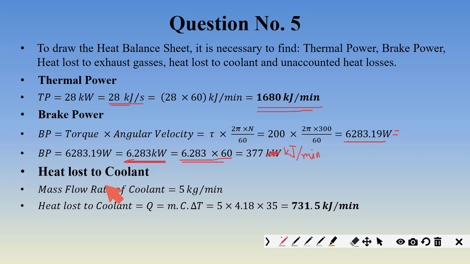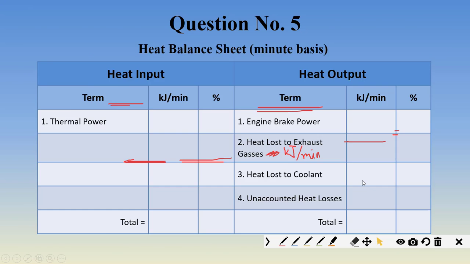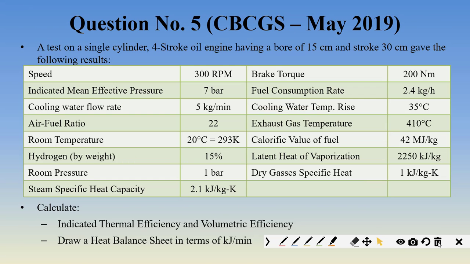Then what is the heat loss to coolant? Heat loss to coolant is MC delta T. They have given us the mass flow rate of the coolant. See over here, mass flow rate of the coolant is 5 kg per minute. They have also given us the delta T of the coolant water, which is 35 degrees Celsius.